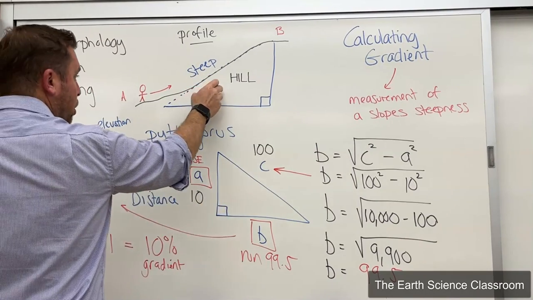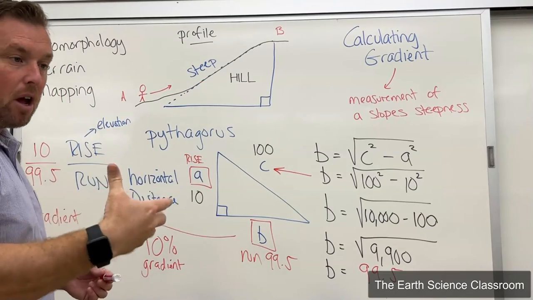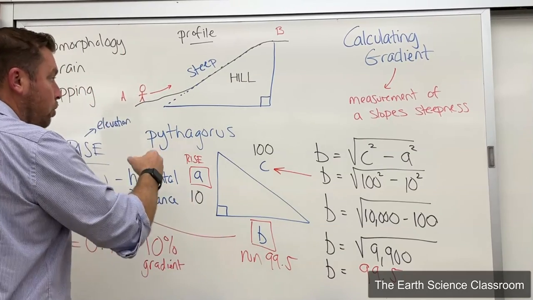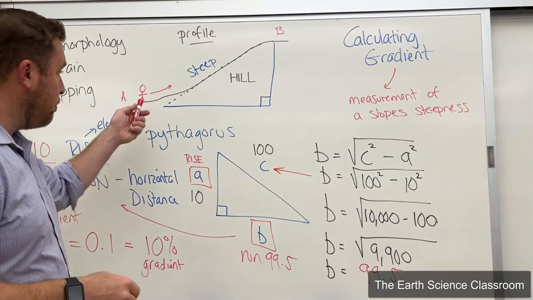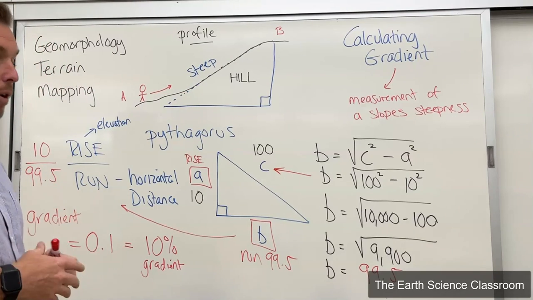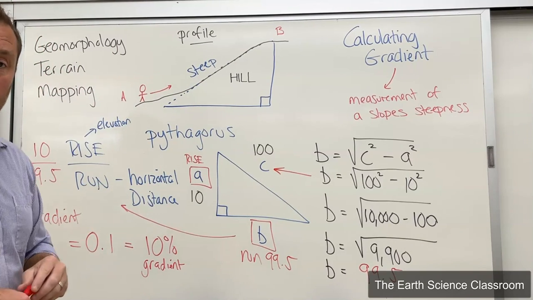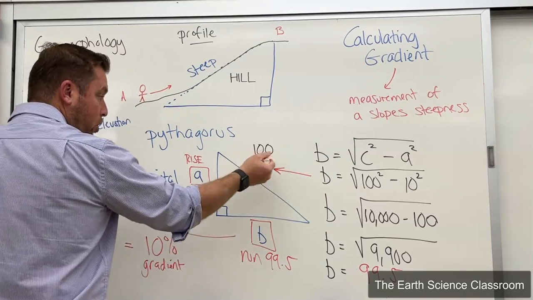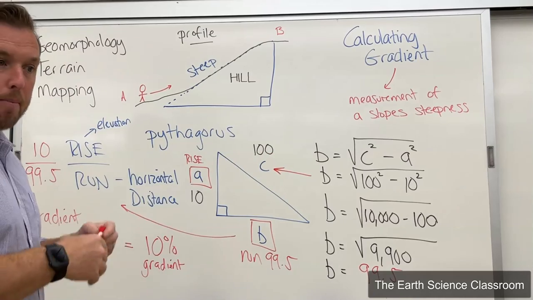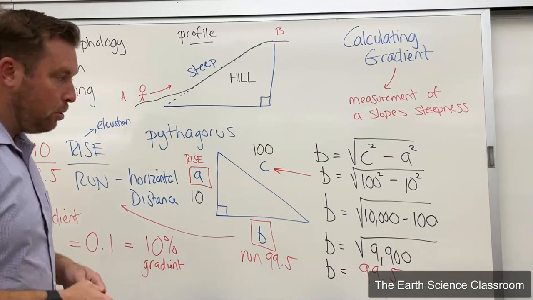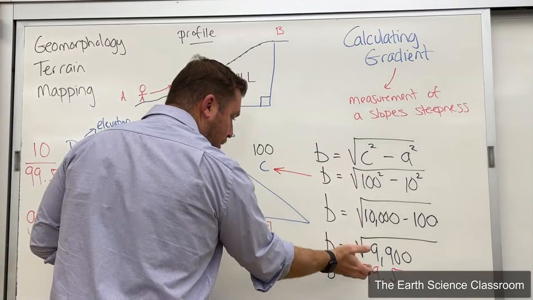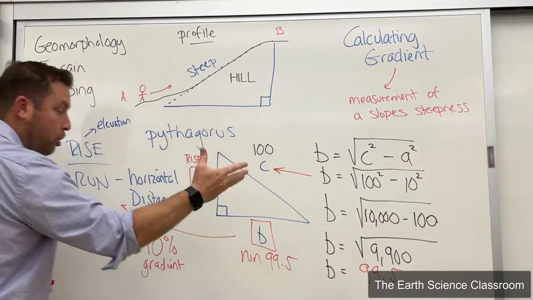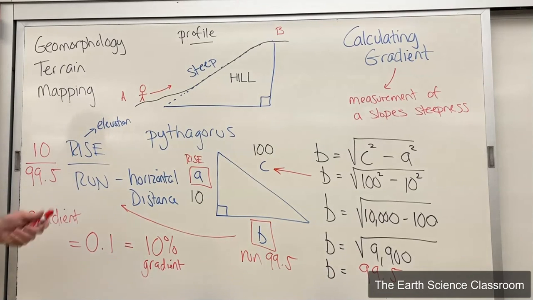But when you put in your data from the outside lab, where you're actually walking the hill, counting steps, and finding the difference in elevation from point A to point B, you can get a more accurate gradient for your hill. This 10 and 100 were used for A and C as generic, basic numbers, so you can see the progression of how to acquire B in your triangle, which you can use for your gradient formula, rise over run.